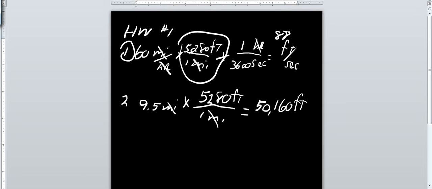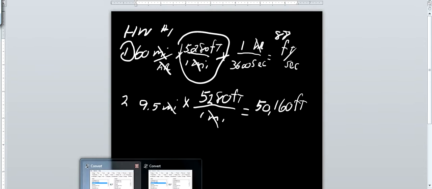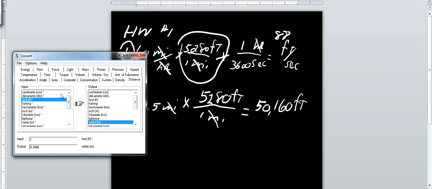So that's when we could use convert, because we need to know how many meters are in a foot. So we're looking for meters. 1 meter equals how many feet? 1 meter is 3.28 feet.